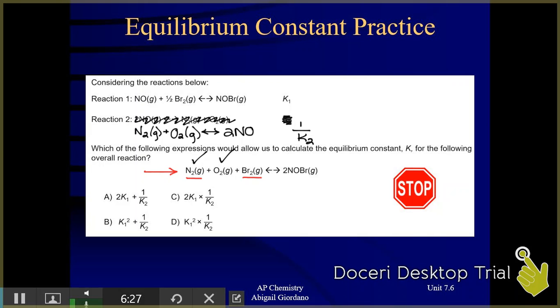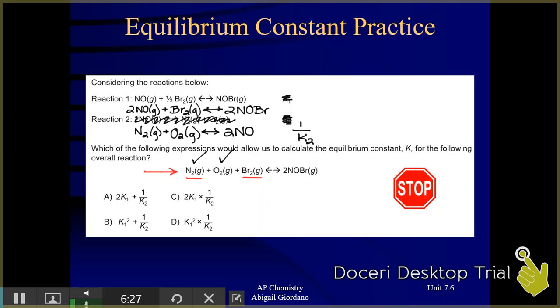I'm going to need to multiply this top equation times 2. So I'm going to rewrite it: 2NO gas plus Br2 gas gives 2NOBr, and what happens to my K1?